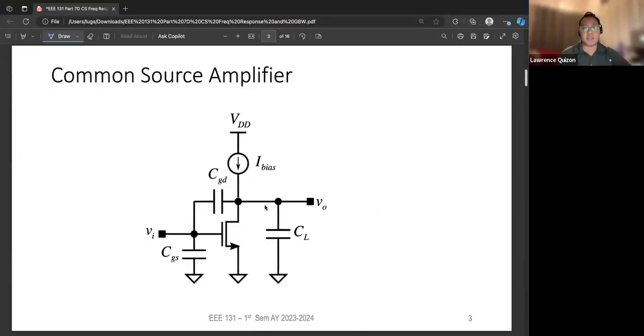Common source amplifier, we had these parasitics, no? CGD, which should kind of look similar to a Cμ, right? A CGS, which kind of looks similar to a Cπ, which we've also discussed last lecture, no?